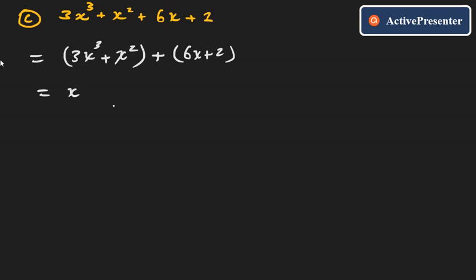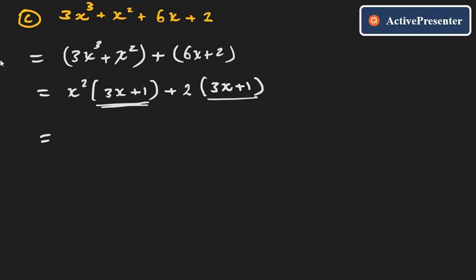We will have x squared outside and open parenthesis, 3x plus 1, and here you would put 2 and open parenthesis, 3x plus 1. Now take the greatest common factor as 3x plus 1, so 3x plus 1 outside, we will be left with x squared plus 2, and your factorization is done for this question.